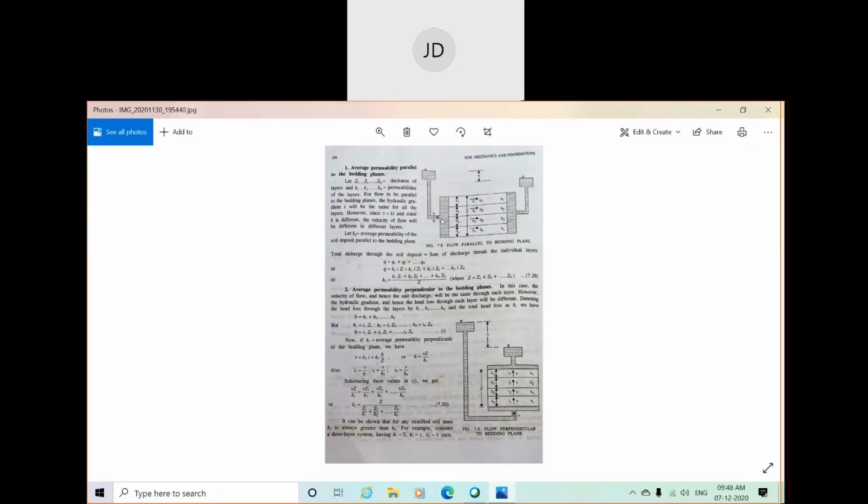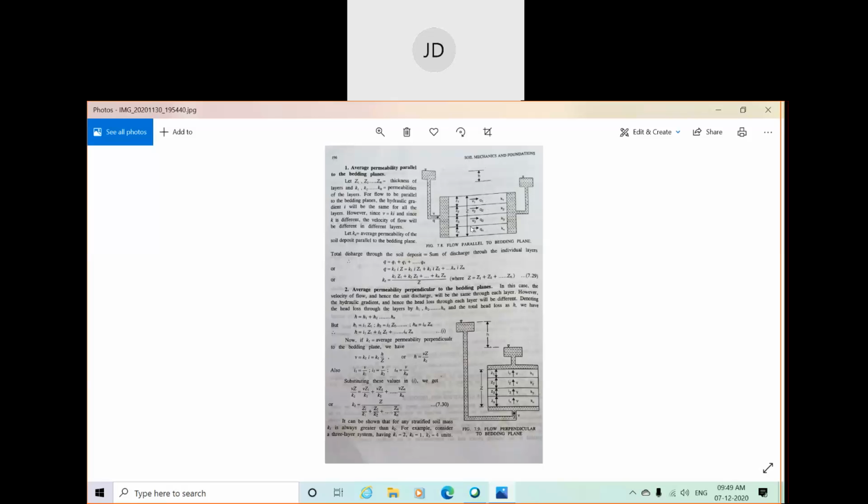Since water flows in this direction, the length traveled by water will be the length of the layer. It is not shown here, but you can consider capital L as the length of the soil layer. So what is the hydraulic gradient for this case? H by L, and it remains the same for each layer.